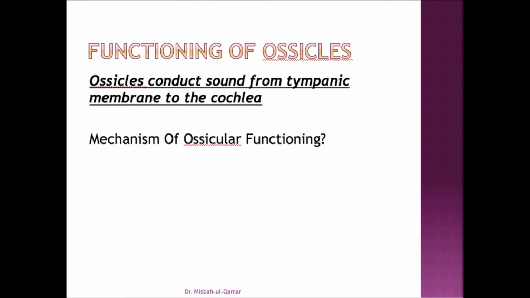So the whole ossicular chain moves like a piston. So this is how the bony chain conducts the sound waves right from the tympanic membrane to the inner ear, which is the cochlea.